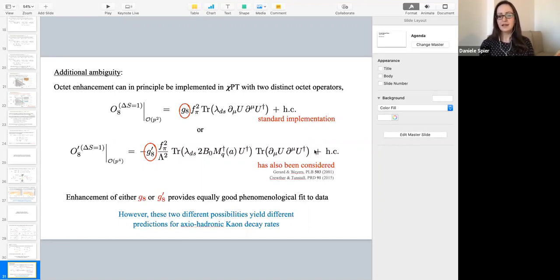And in fact, there has been some explanation of the possibility that octet enhancement comes from the enhancement of this operator instead of this one. Yeah, but look, Daniele, it's similar to what we discussed before. Of course, you can say that chiral perturbation theory does not make sense, right? Yes, it's very simple. Yes, it doesn't make sense.